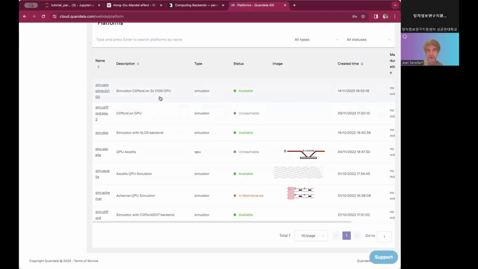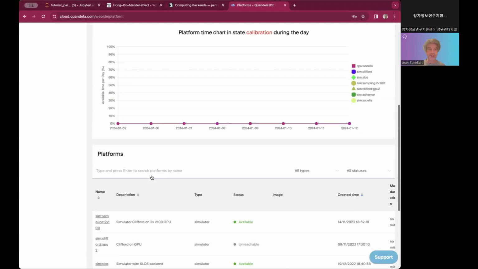You have a GPU backend available because we gave you access to GPU. If you don't see this line, let us know, because that means you didn't send me the email or maybe we missed your email. So you have some sloth backend, you have QPU scalar. This one is unreachable today.